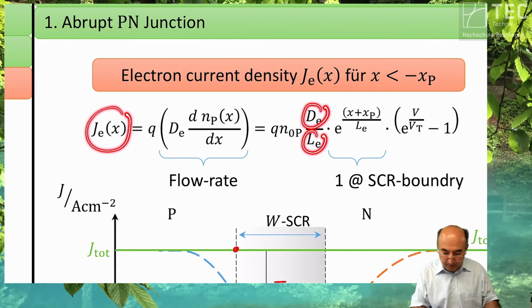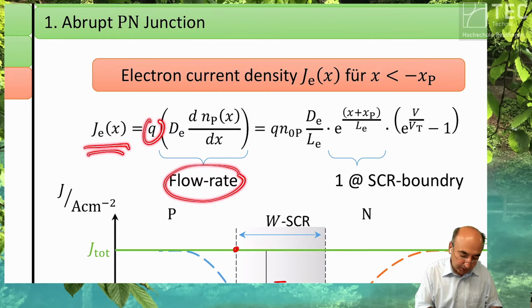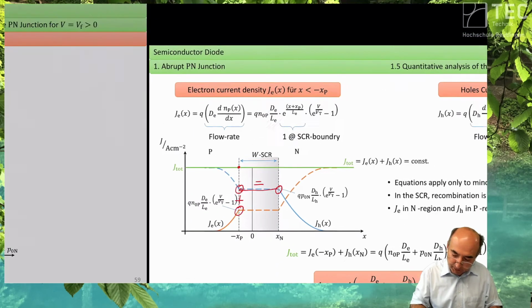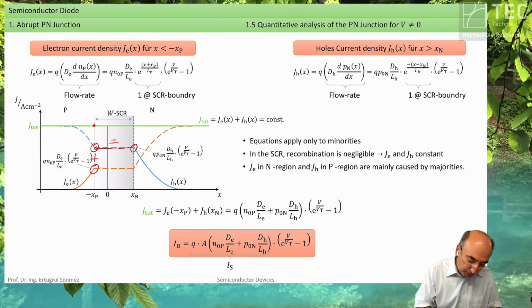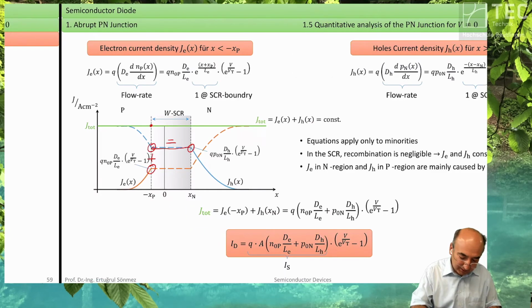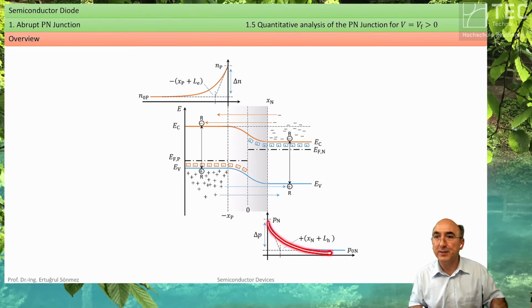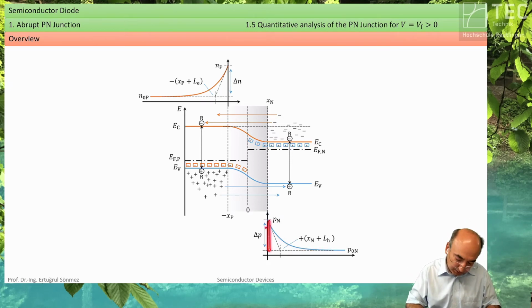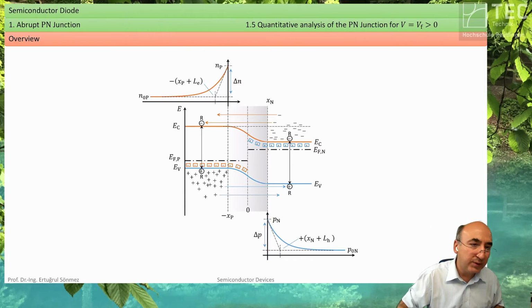So we can calculate with the flow rate and the elementary charge the current density for the electrons. And the holes exactly equivalent. Now we have the current, which looks exactly the same as this curve because it is a decaying exponential function, and the first derivative looks exactly the same, but with a different scale.